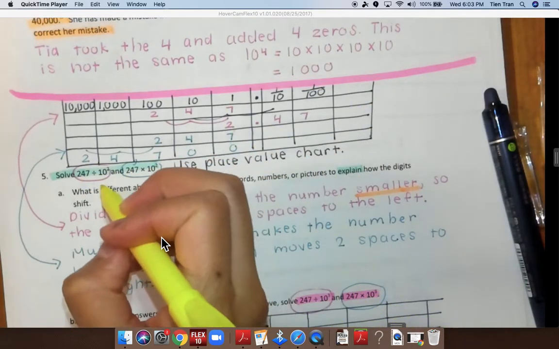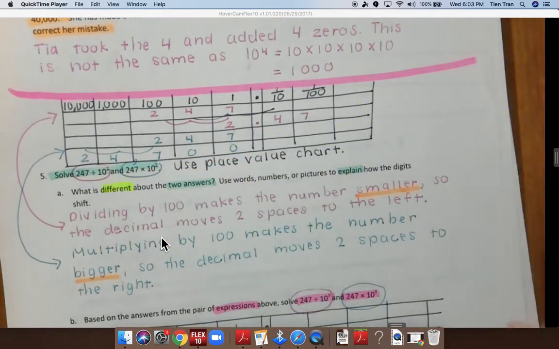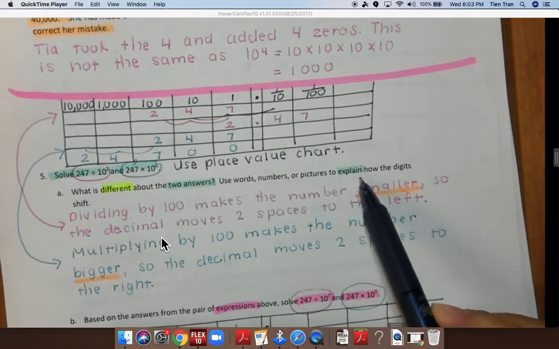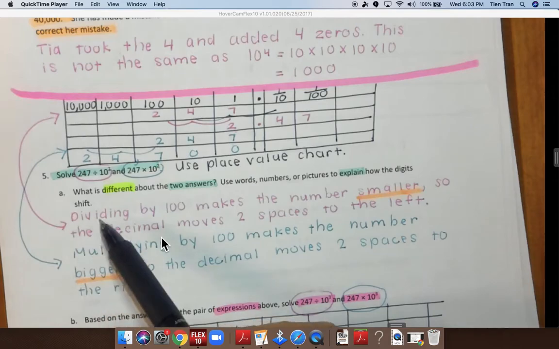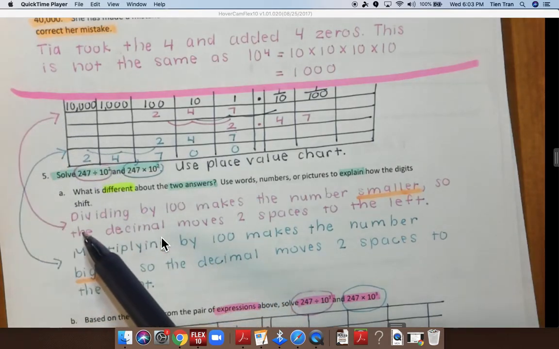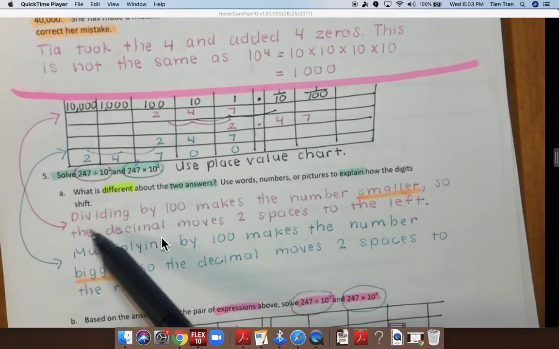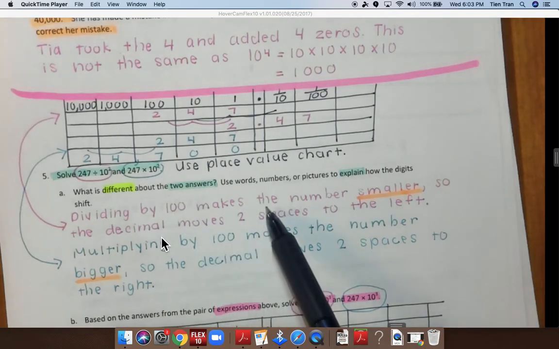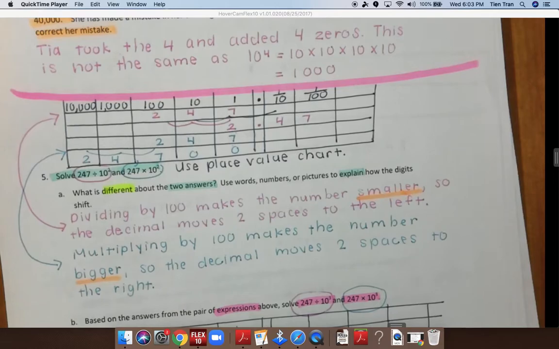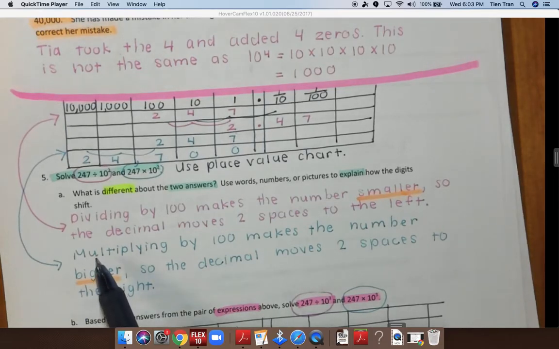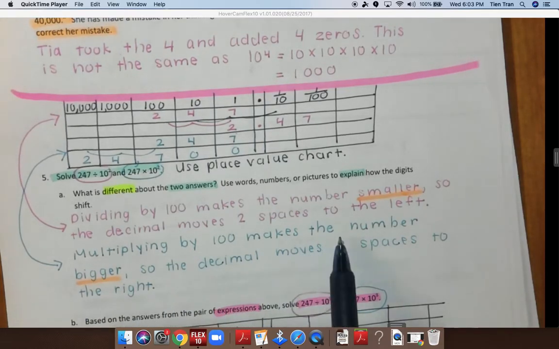Now, for problem A, they're asking what is different. They want to know what is different about the two answers. Use words, numbers, or pictures to explain how the digits shift. So for this one right here, and I colored that in pink so you can see it better, dividing by 100 makes the number smaller. So the decimal moves 2 spaces to the left, or place value. When you're multiplying by 100, it makes the number bigger.